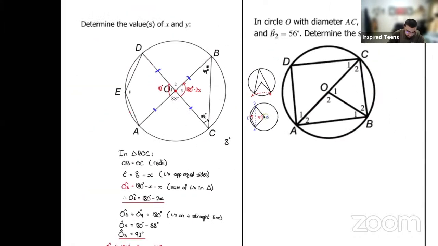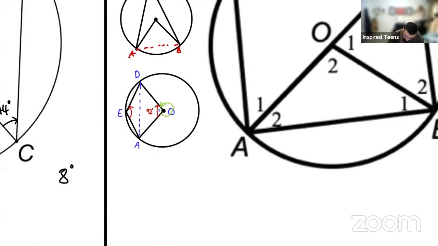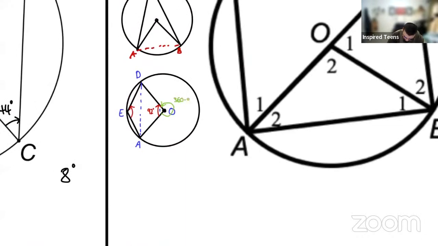You don't want to put too much jumble there. So this reflex angle is going to be 360 minus 92. So the reflex angle at center is equal to 268 degrees.